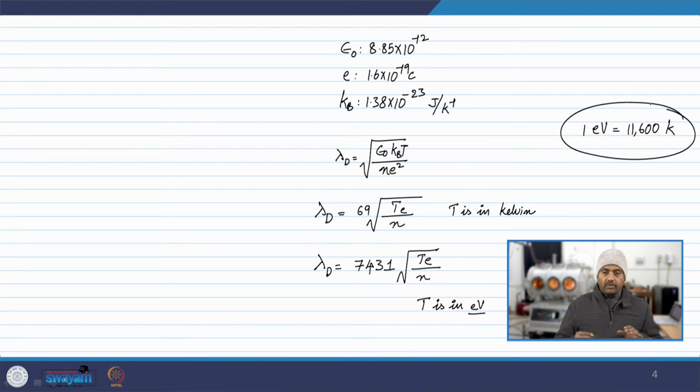So far, whatever we have discussed pertains to the understanding of Debye's length. What we have learnt in this module is that plasma has a unique characteristic of exhibiting collective behavior, and because of this collective behavior it is able to screen out external electric fields or external charges.